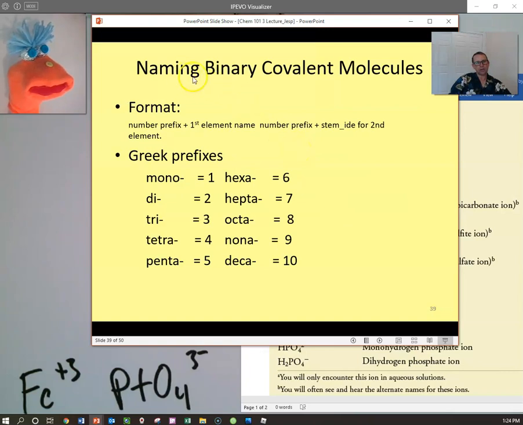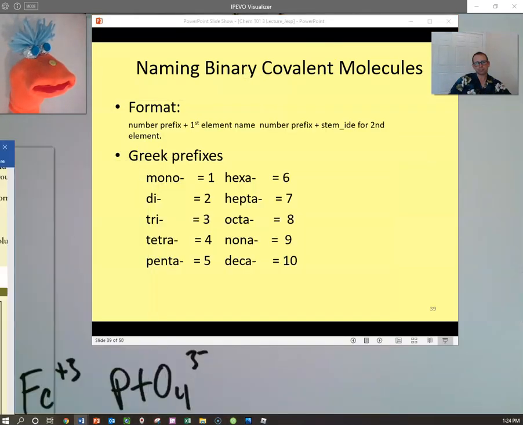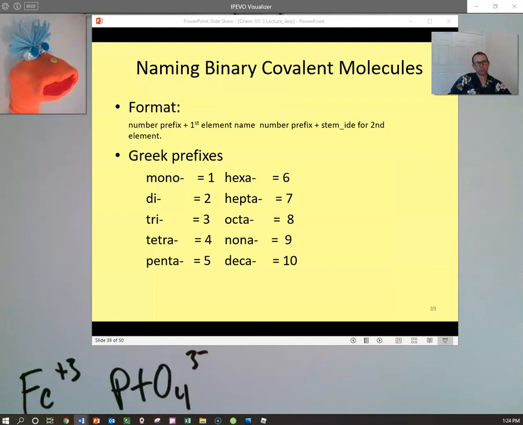Now, what about naming covalent compounds? A covalent compound is another name for a molecular compound. Okay? Do you remember how we tell whether a compound is molecular or not? I can't remember.